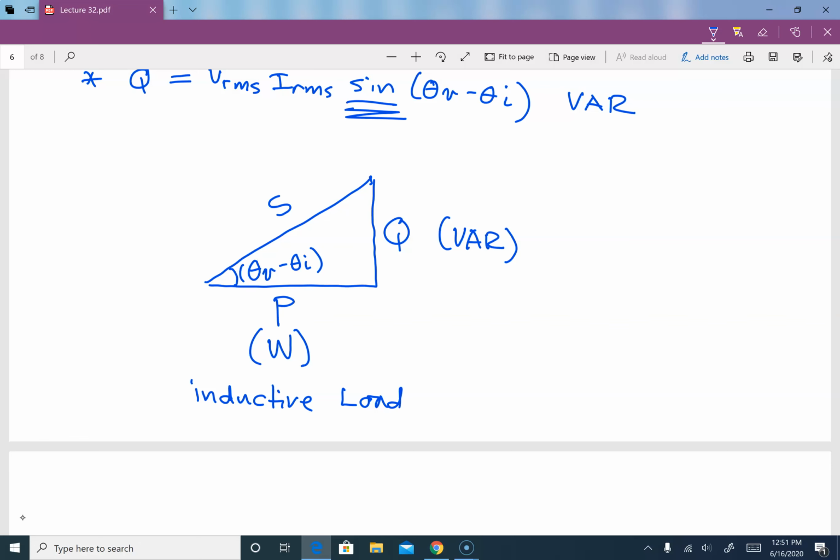Our Q is positive, then that is inductive. If it is like this, this is P, this is Q, and this is S, and this is theta V minus theta I. In this case, Q is going down, so it is negative, that means this is a capacitive load.